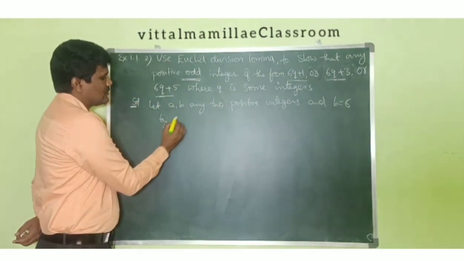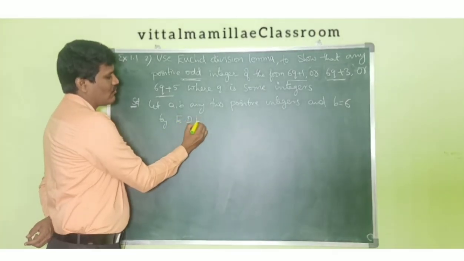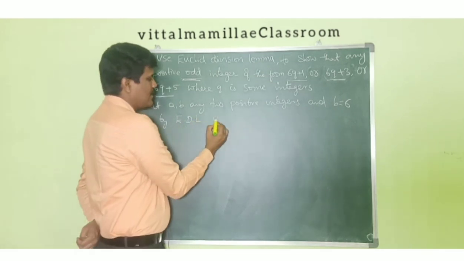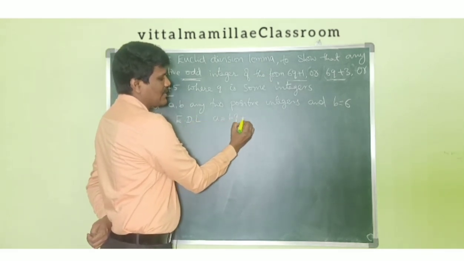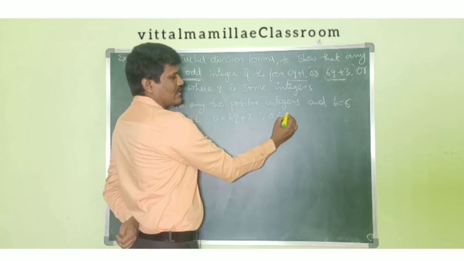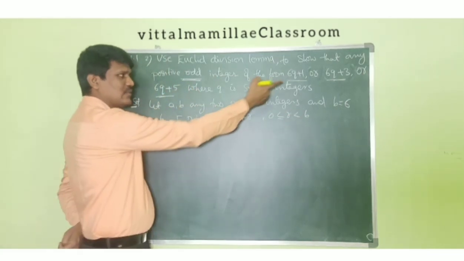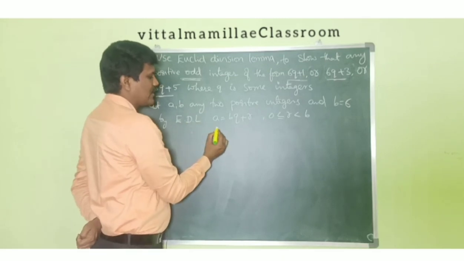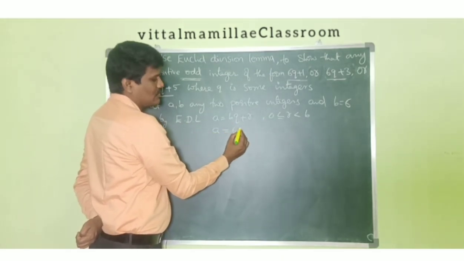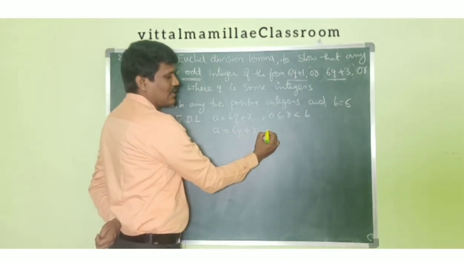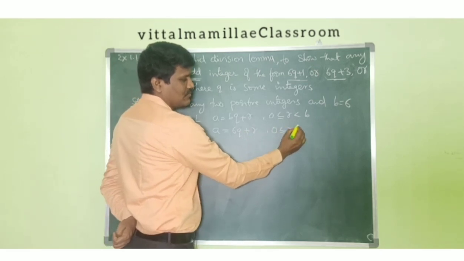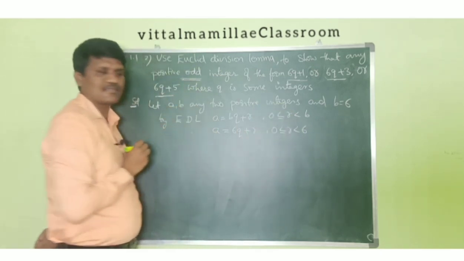Then by Euclid division lemma, what can you write? a is equal to bq plus r, 0 less than or equal to r less than b. Already I know that b is equal to 6. So I can write this as a is equal to 6q plus r, 0 less than or equal to r less than 6.